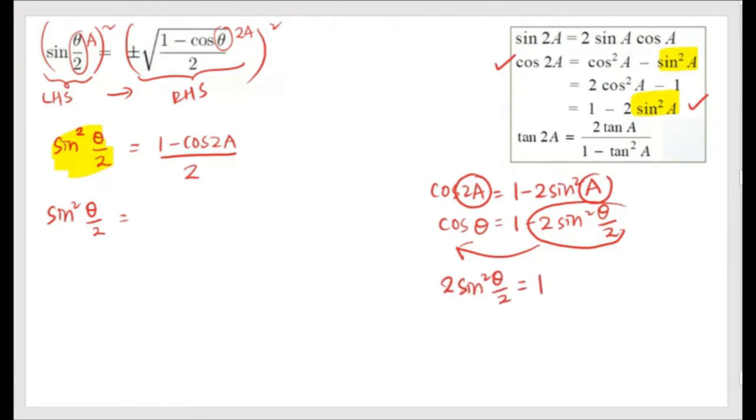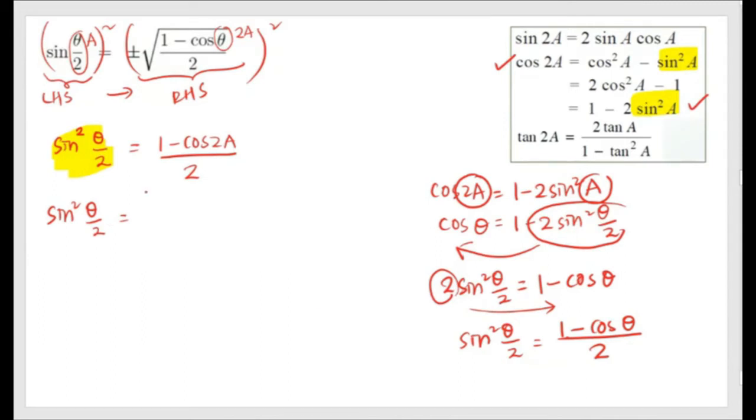minus cos theta. Cos can move to the right hand side because we don't need it on the left. So 2 we also don't want, so move it to the right hand side: sine square theta over 2 equal to 1 minus cos theta over 2. Multiply becomes divide.